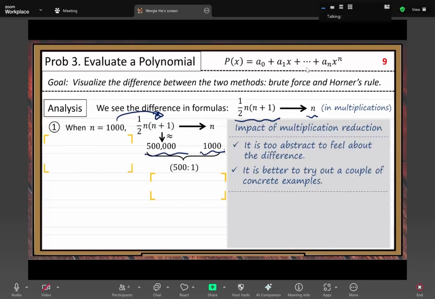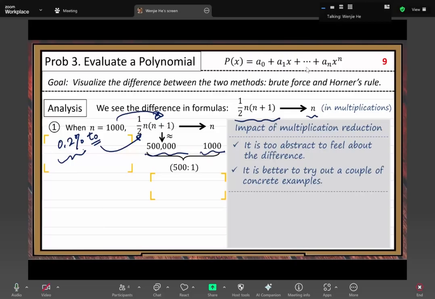If we use the percentage, is it 0.2% of the original time? If the first method, brute force, takes T0, then when we switch to Horner's rule, the time you need is 0.2% of T0. Is it a big improvement? A huge improvement. That's our first example.